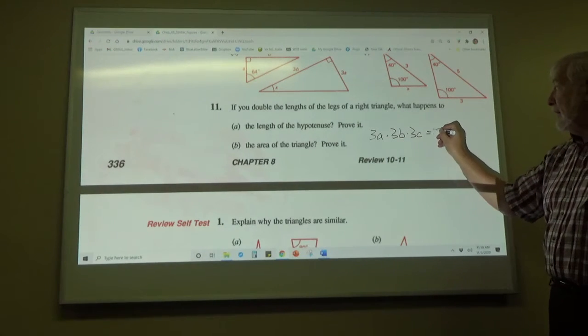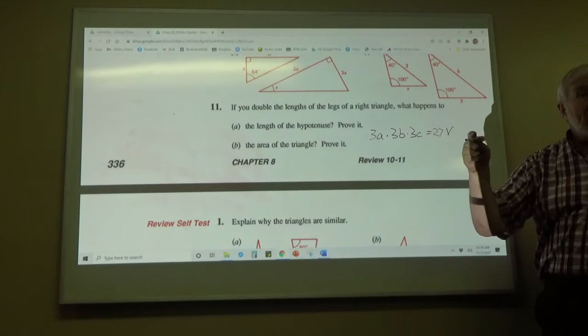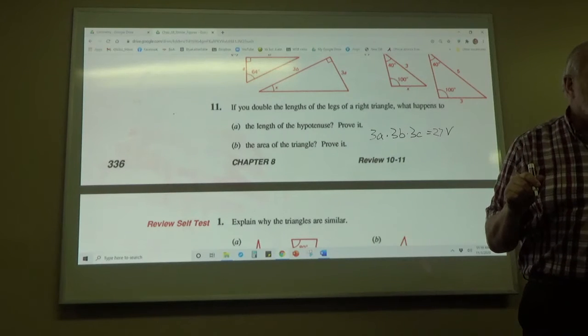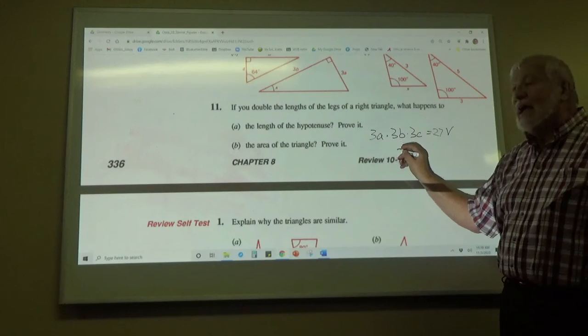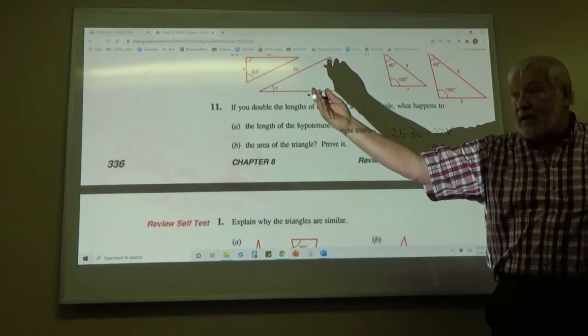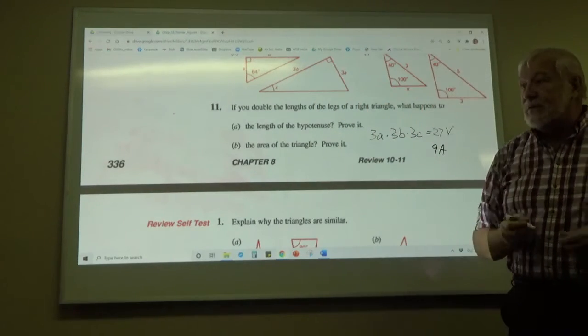It's going to be 27. So if you triple the length, you have 27 times the volume. If you triple the length, you have 9 times the area, because it's only 3 times 3. But in volume, you have 3 times 3 times 3, so it's 27 times bigger.